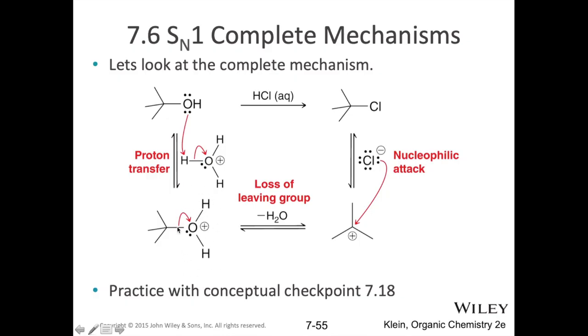Now this readily leaves as a water molecule, so that's our loss of the leaving group step. And when it does, it leaves behind our carbocation, as we saw. Okay, and then of course there's plenty of chloride floating around because this is being done in hydrochloric acid. So that chloride readily attacks your carbocation and makes your product.